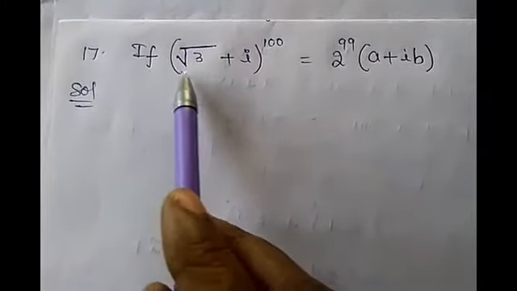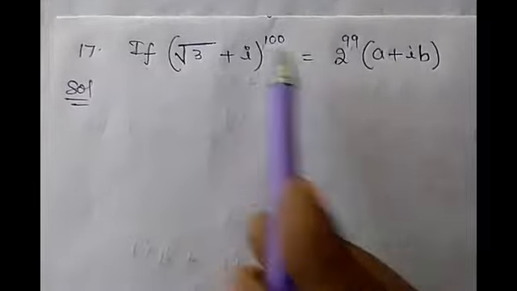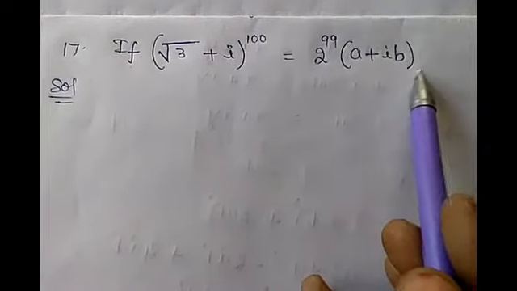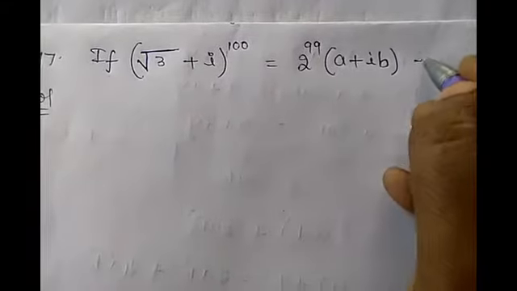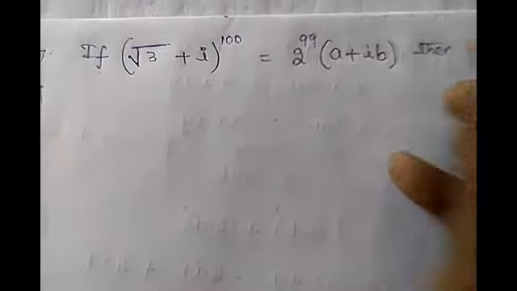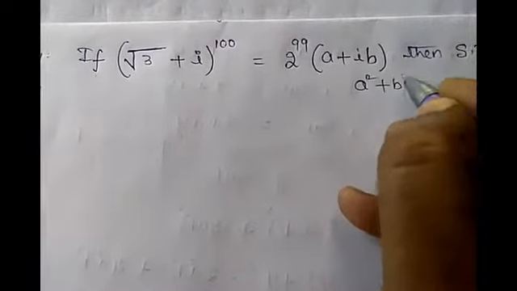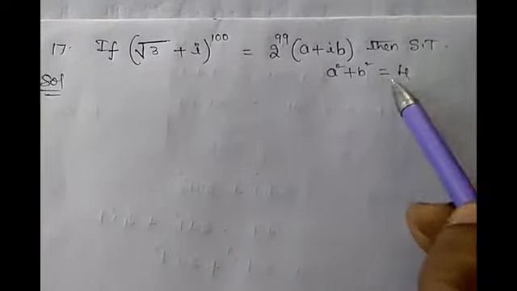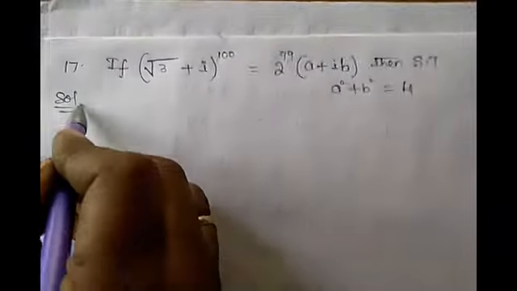If root 3 plus i whole power 100 equal to 2 power 99 into a plus ib, then show that a square plus b square is equal to 4. What we have to show is that a square plus b square is equal to 4. Solution.